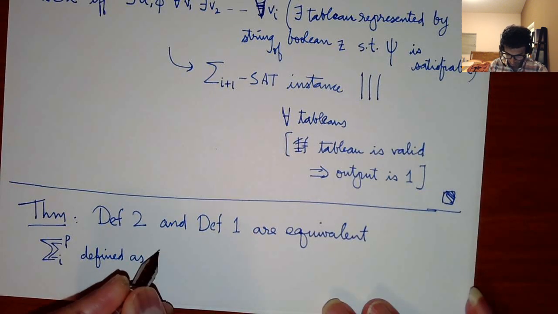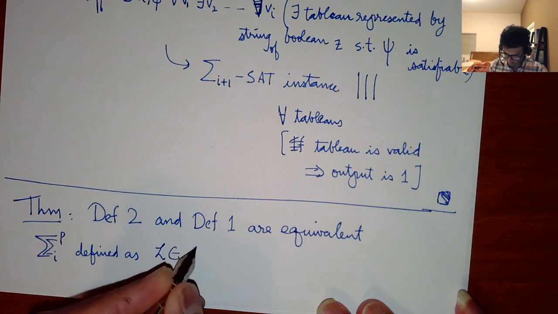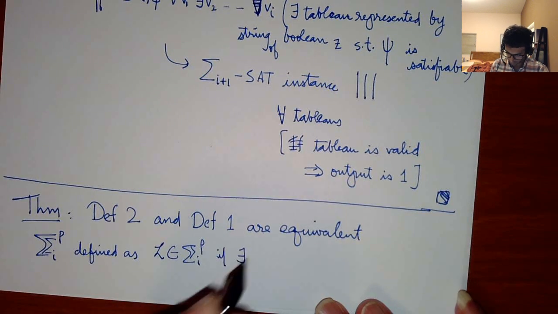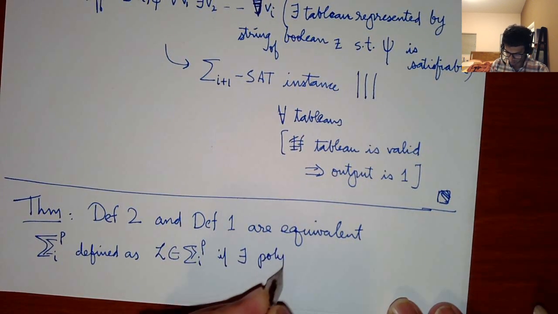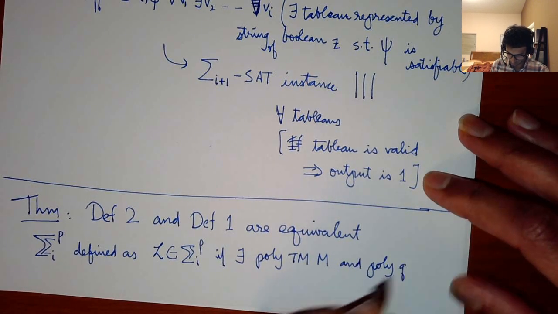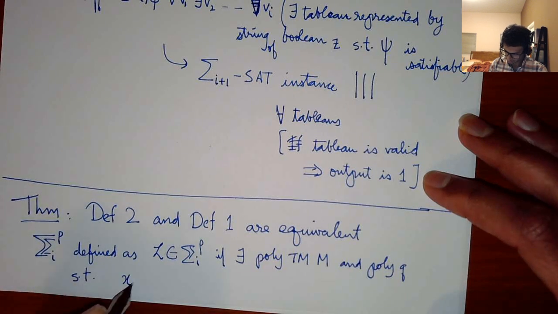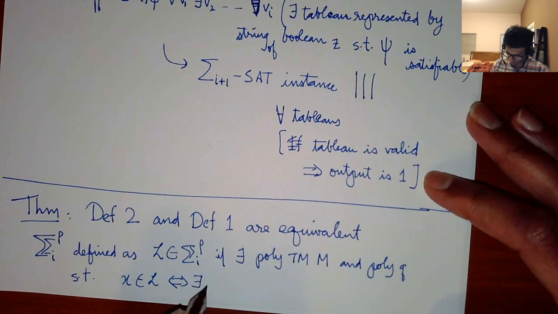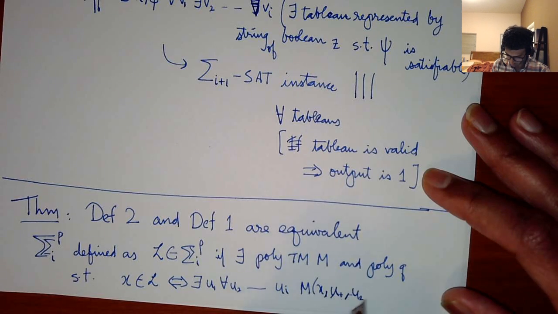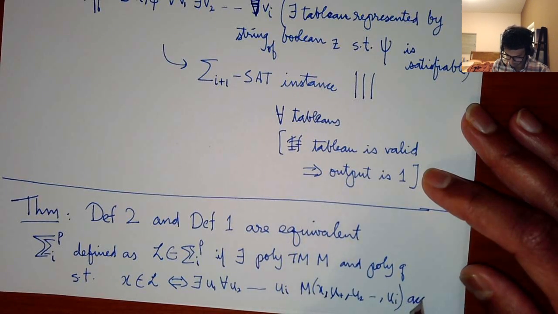Such that, L is in sigma I p if there exists a poly time Turing machine M and a polynomial Q such that x is in L if and only if there exists a u1 so that for all u2 up to ui, M(x, u1, u2, ..., ui) accepts, right?